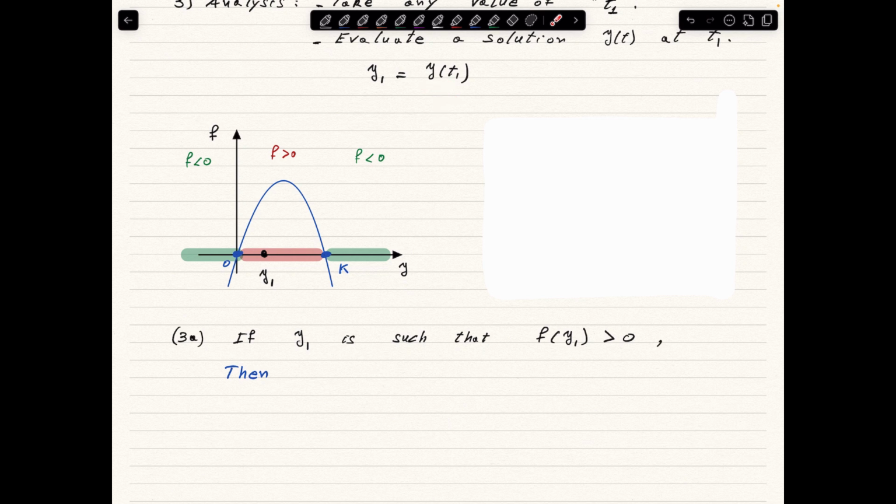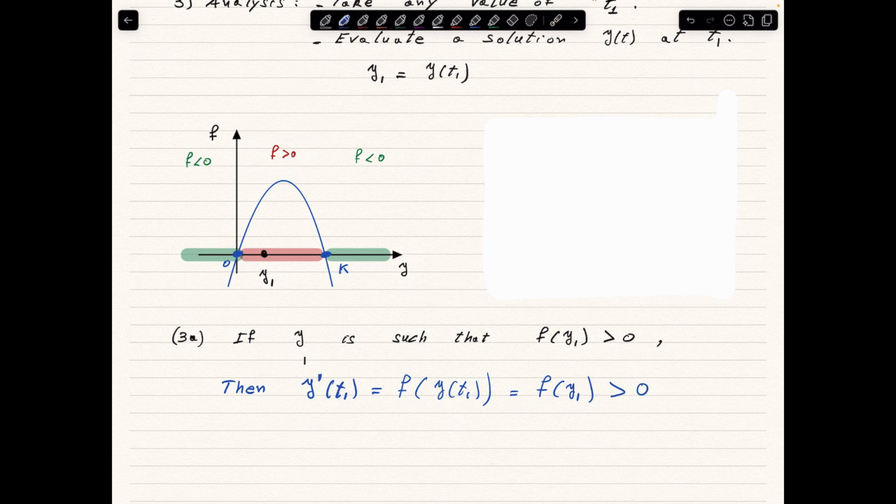So the time derivative of this solution at that time t1 has to be f at the solution at t1, because it's a solution of the differential equation. But this is f at y1. And recall, we are considering the case that y1 is such that f is positive, right there.